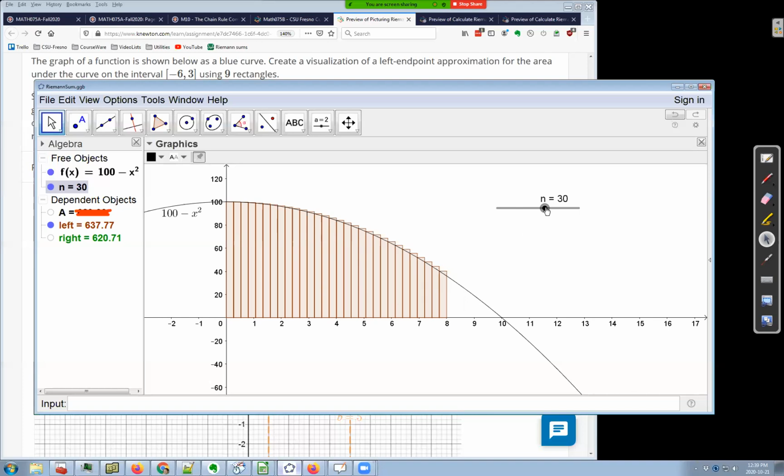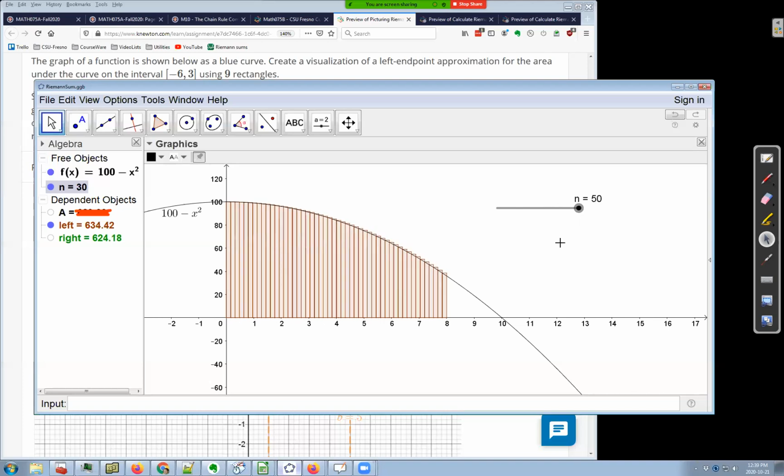So what I want you to think about here is that rectangles are easy. Theoretically, I can find the area under all 30 of these rectangles if you gave me enough time, and that's going to give me an excellent approximation to the area under the curve. And then I could use 50 rectangles and get an even better approximation. And then I could use 1,000 rectangles and get an even better approximation. And then eventually I could just take the limit.